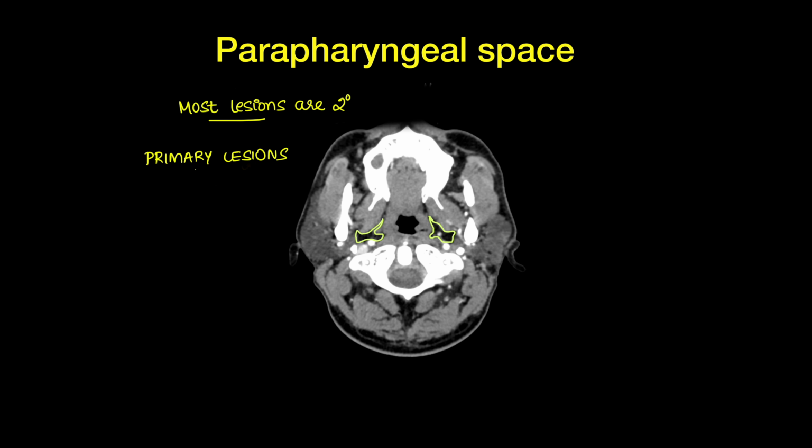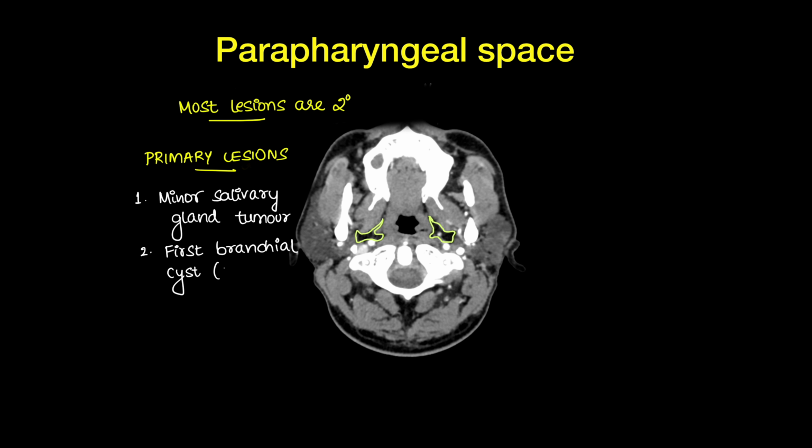The primary lesions which may occur in this space are minor salivary gland tumors, the first branchial cleft cyst, in that also type 2 can occur here, and lipoma can occur.